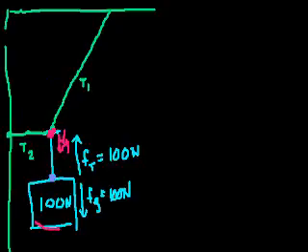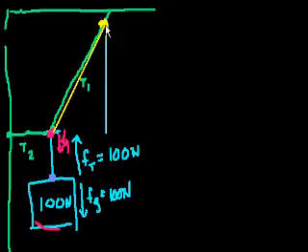Let me use the line tool and make a thicker line. So we have this vector here, which is T1, and we need to figure out what that is. And then we have the other vector, which is its y component, and I'll draw that here.